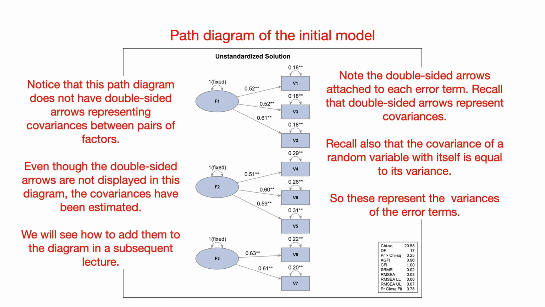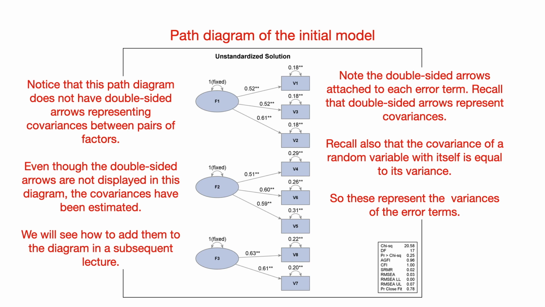Notice also that this path diagram does not have double-sided arrows representing covariances between pairs of factors. But if you think back to the diagram that we created previously by hand, we did have double-sided arrows between those latent constructs, right? Because we allow them to be correlated. And in the program itself, we define notation for the covariances between each pair of latent constructs.